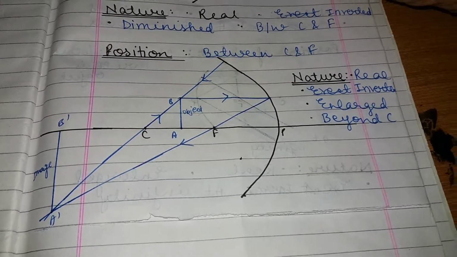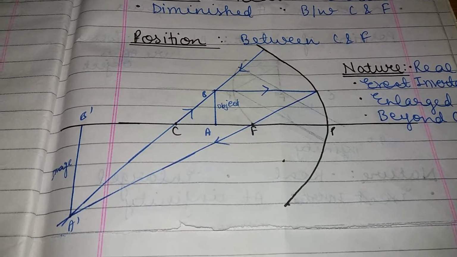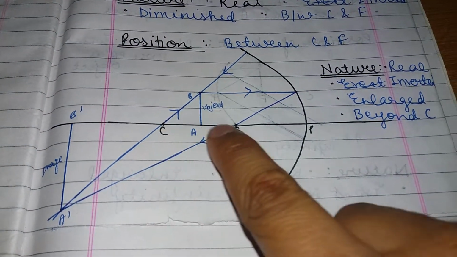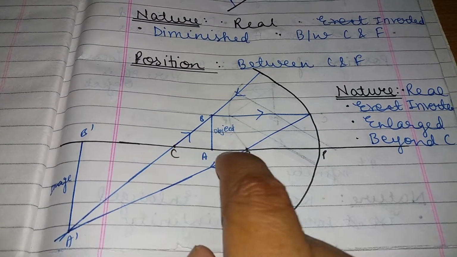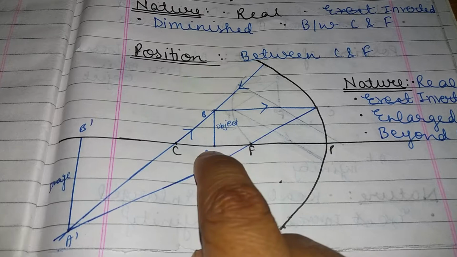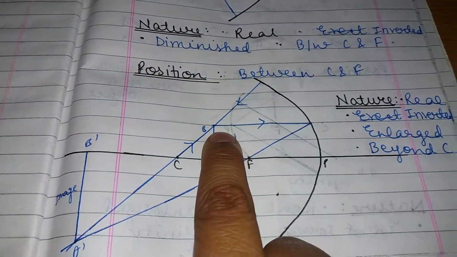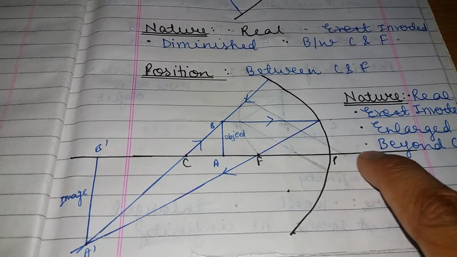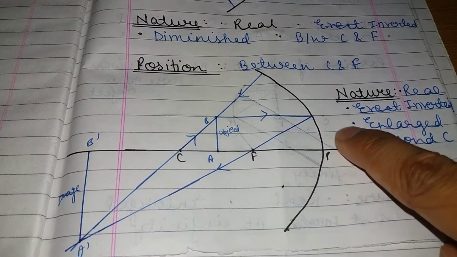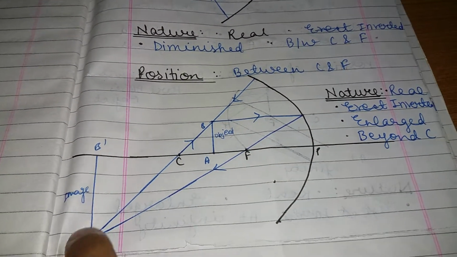Last but not the least, we have when the position of the object is between the center of curvature and focus. That means we can take it anywhere between the center of curvature and focus. So I took it as AB. When a ray is parallel to the principal axis, after reflection it will pass through the principal focus.